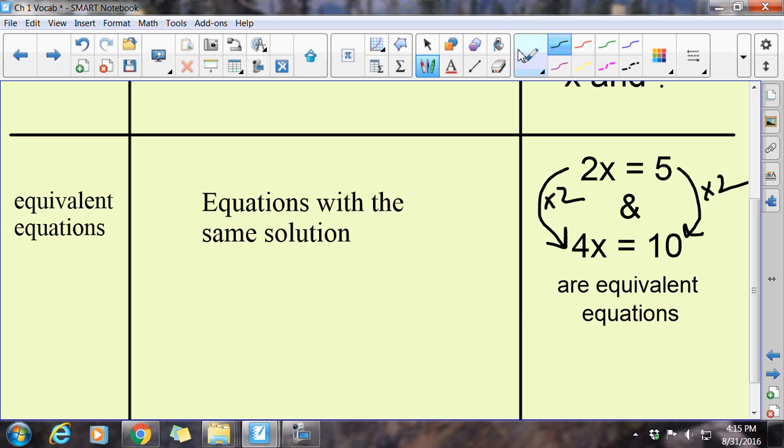It just looks different. But the value of x here, that'll give me 5, the value of x here that will give me 10 are the same numbers. Okay? This whole equation just all got multiplied by 2, both sides, and we made what we call an equivalent equation. This is important as you're solving equations.